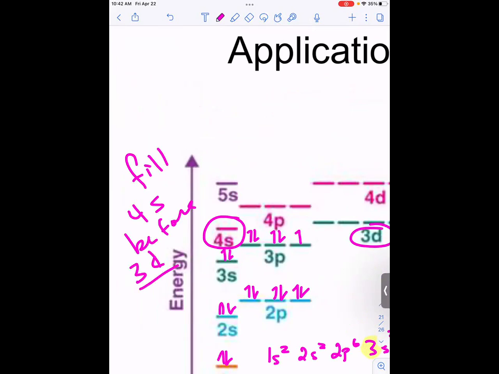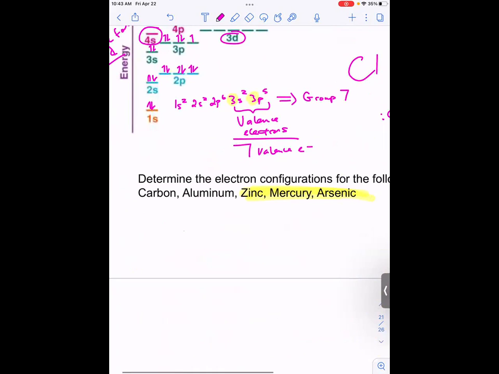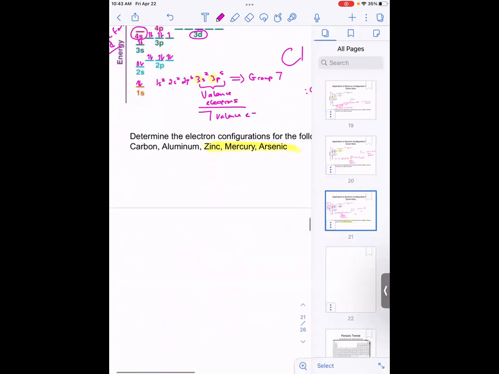So you're gonna fill 4s before you fill 3d. Right? Let's do carbon. Let me just do the same little trick I just did, since that's working.